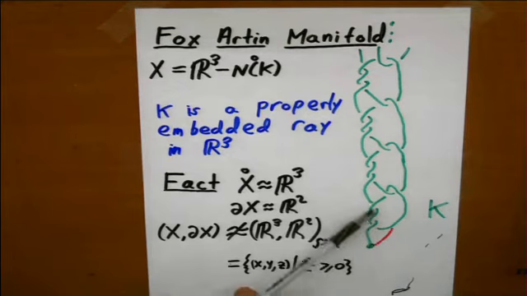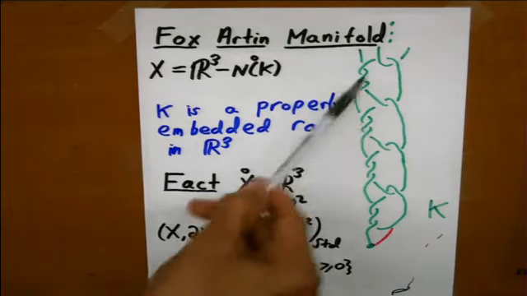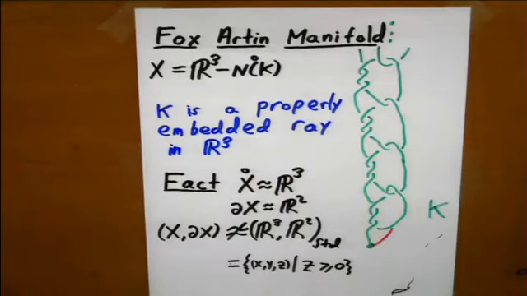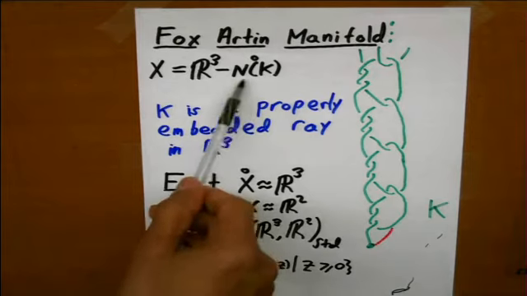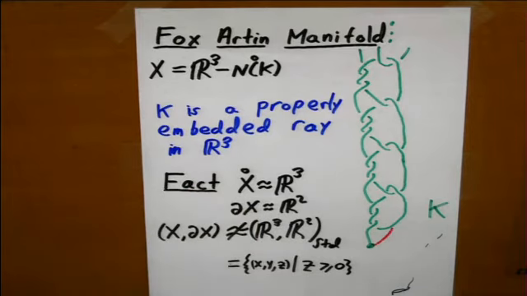You can see it's a knotted ray in R3. Now just thicken it up and take its interior, and then take this ray, thicken it up, and delete the interior, and you're left with a manifold with boundary.